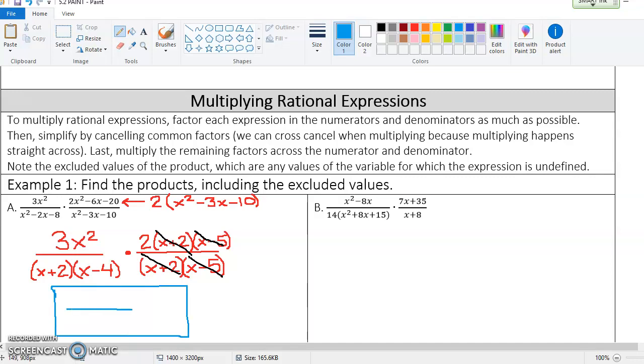So that would mean my final answer, if I multiplied straight across, I would get 6x squared here, and then the last two factors on the bottom were the x plus 2 and the x minus 4. Now you could multiply them back through, you would end up getting this again, but there's no real need to do that. So I wouldn't bother. It's not going to get you any closer to a right answer. It's not going to be more right or anything like that.